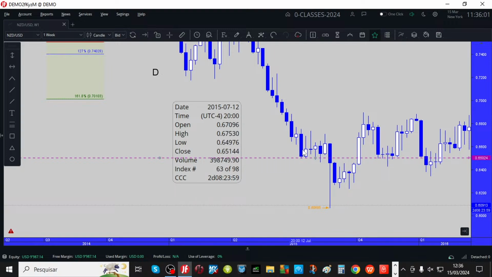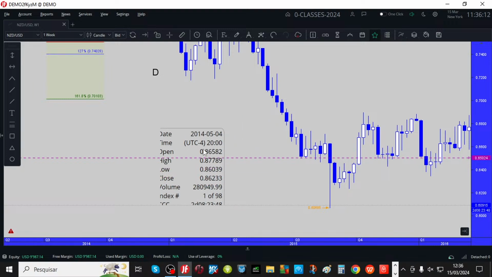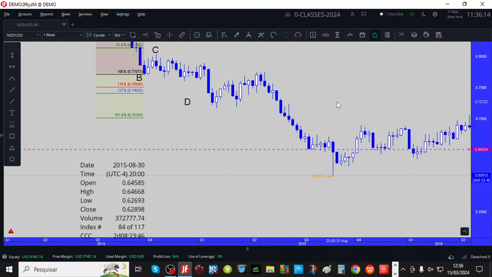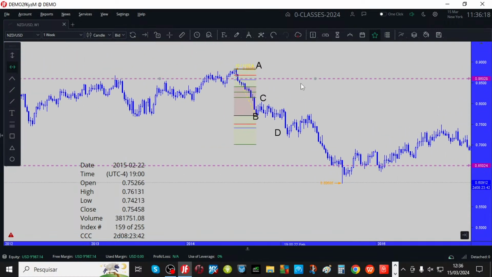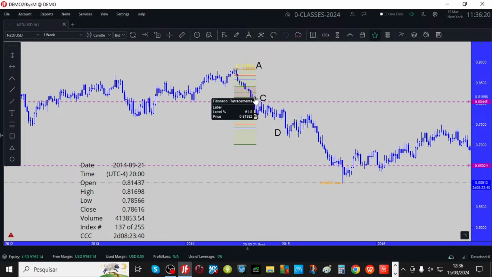So 6465, 6465. That's a low, everybody. And as always, A goes to C, something like this, and B goes to D, right?